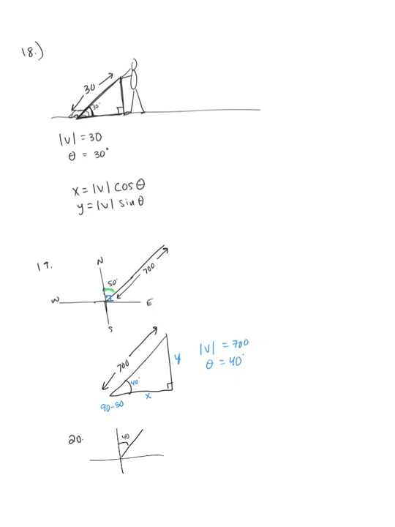This is 45 because I'm going from the north and turning in the direction of east. So my angle is 45. So my angle is also 45 because those add up to 90. And we're swimming at 3 miles per hour relative to the water.